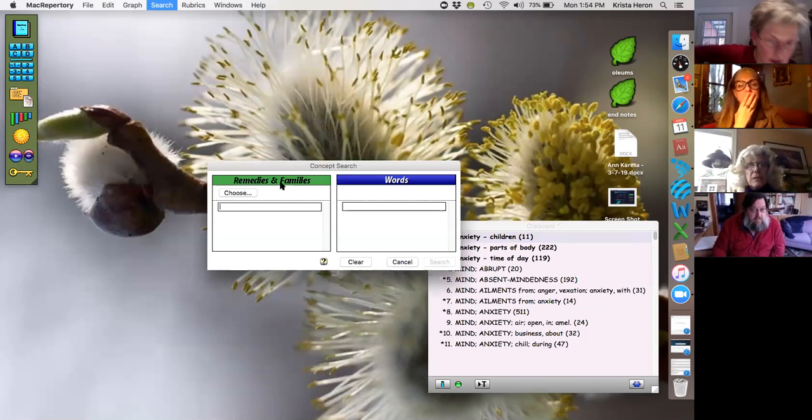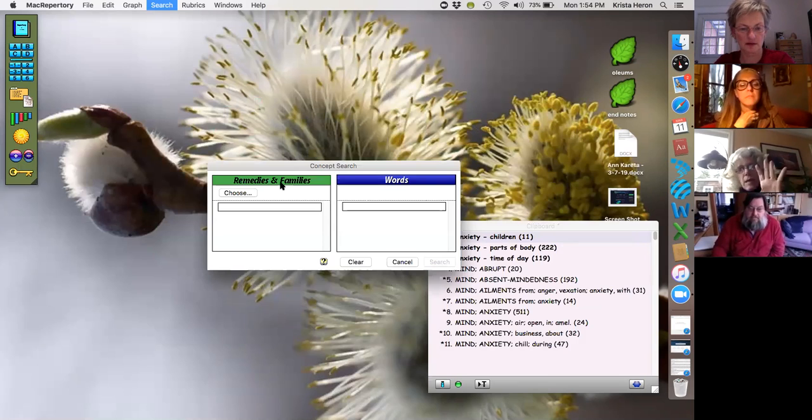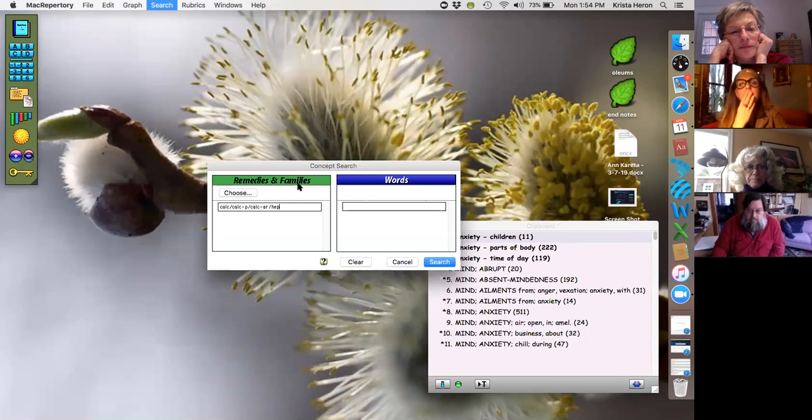Okay. So here what we can do is make some comparison of some concepts. It's the same kind of information, just looking at it visually. So here I'm going to write in calcarea / calc-phos / calc arsenicosum or arsenicosa / and hepar.